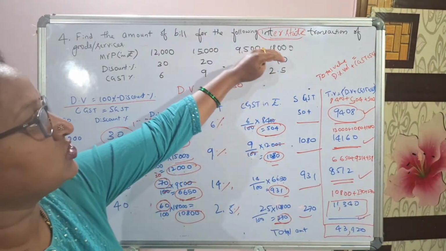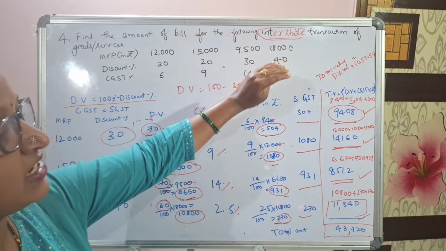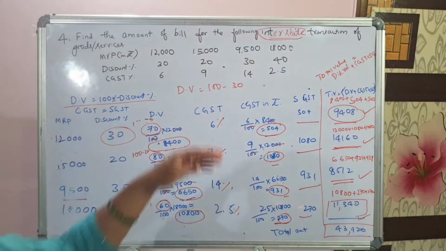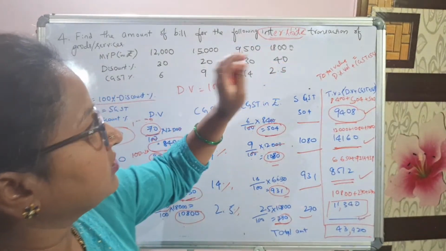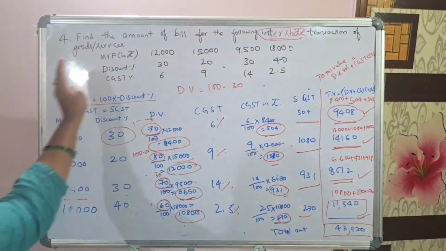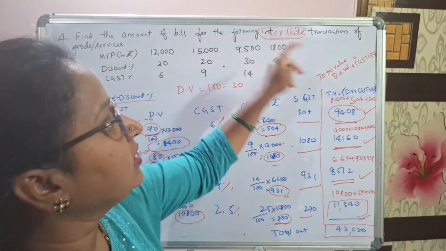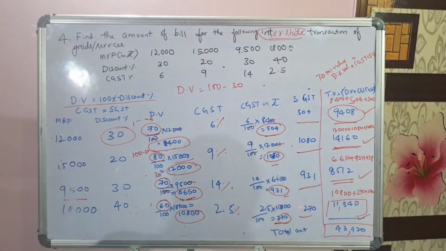The previous question was an intrastate transaction, that is, the transaction is within the state. In the next question the same data is applicable, and for the same table we have to calculate the interstate transaction. We already know that an interstate transaction means the transaction is between two different states.